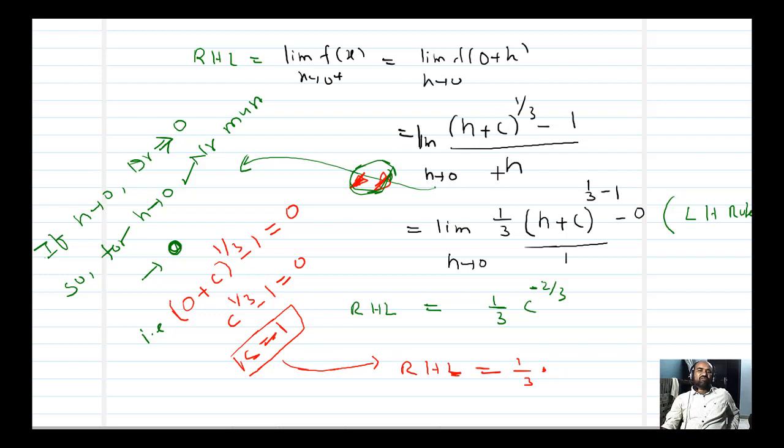That's why h is tending to 0, the denominator is tending to 0 means for those h values, the numerator also tends to 0 or equal to 0. So h is tending to 0, the numerator must tend to 0, that is 0 plus c power 1 by 3 must tend to 0 or equal to 0, and from there I got c equal to 1. I substituted c equal to 1, I got RHL equal to 1 by 3, and from that I completed the problem. Okay. So finally these are the required values.